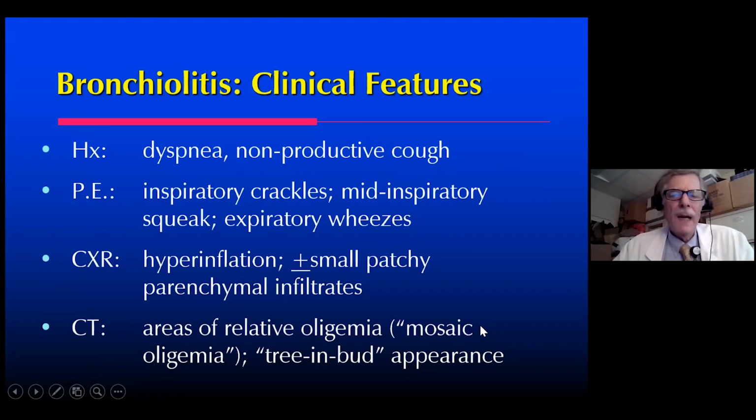You may hear some crackles. You may notice hyperinflation of the lungs. A characteristic mid-inspiratory squeak has been described, but isn't typical. And they may just have some expiratory wheezes, and you're thinking, gosh, bad obstructive lung disease, but not asthma, not COPD. What could it be?